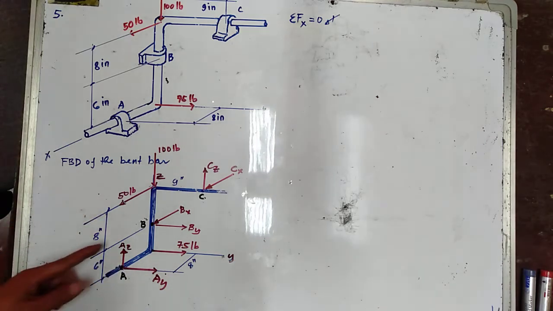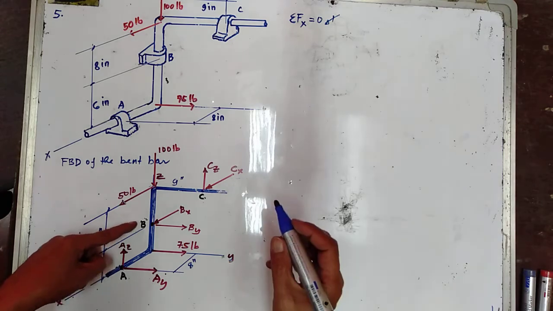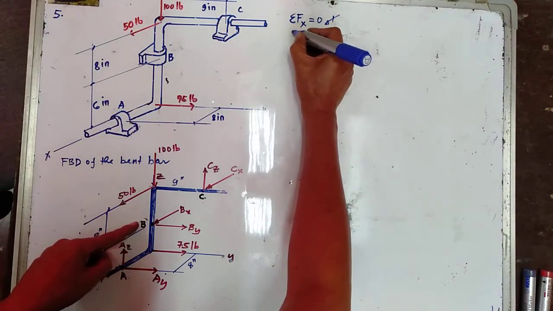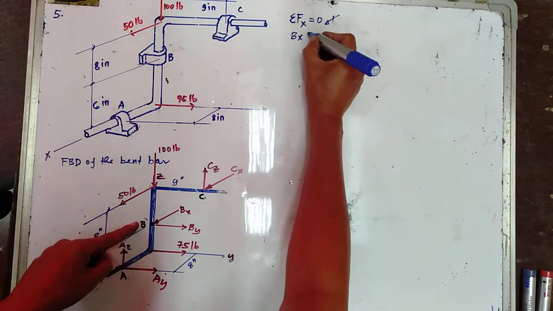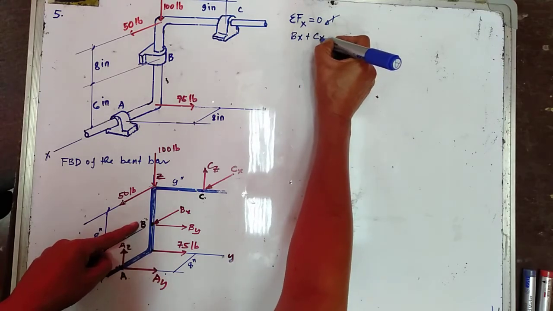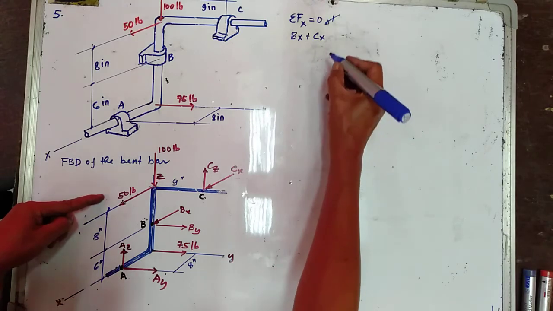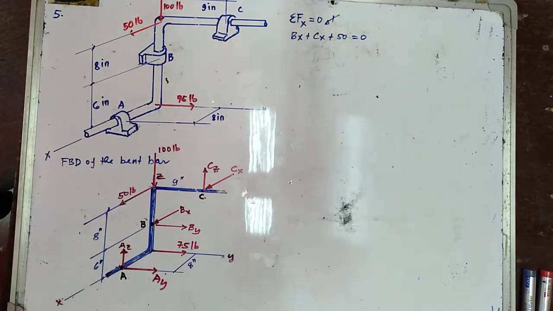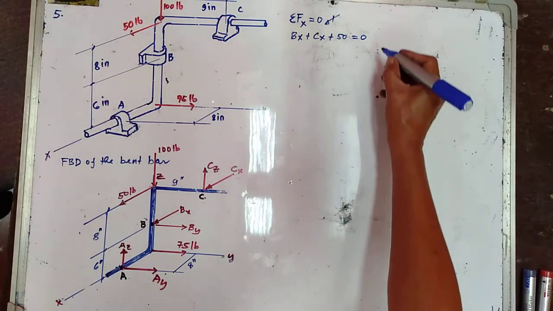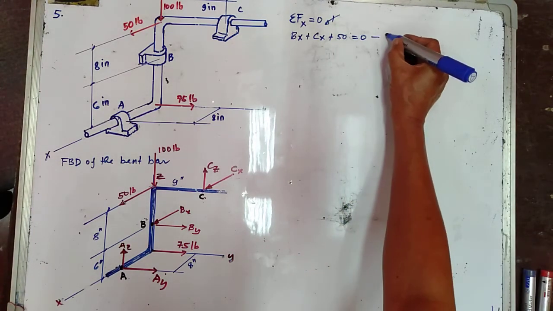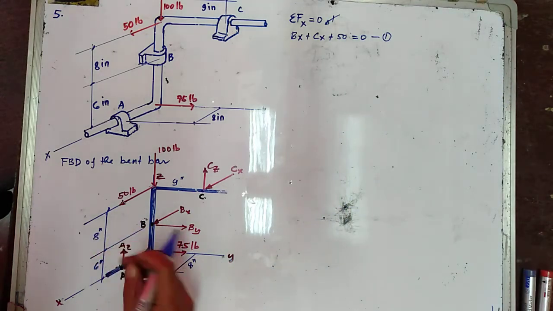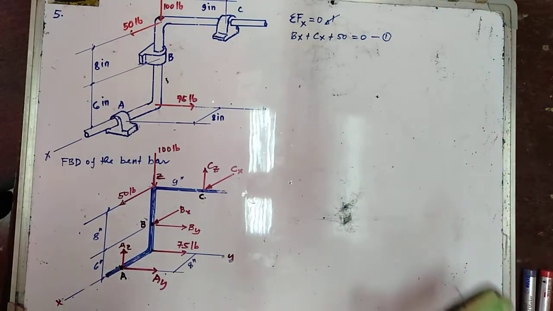So we have BX plus CX plus 50 is equal to 0. Okay, so this is now the first equation. BX plus CX plus 50 is equal to 0.